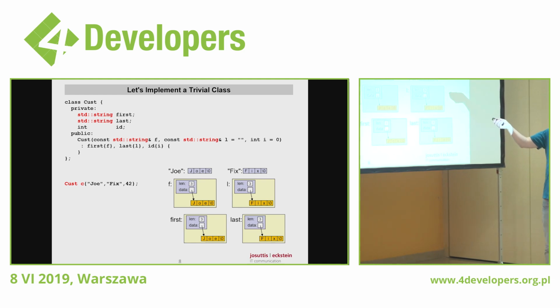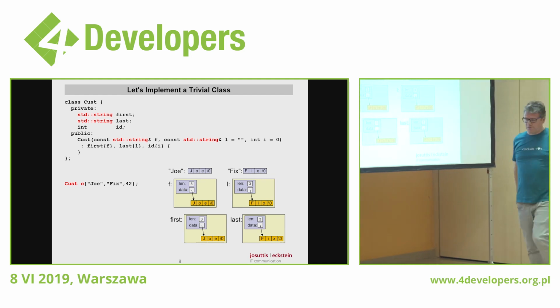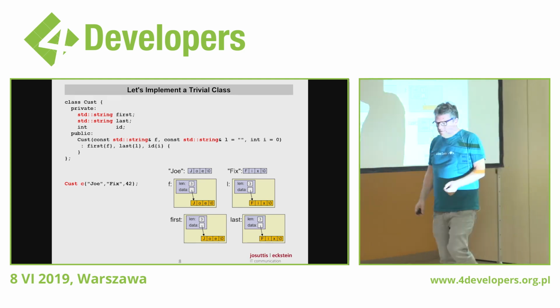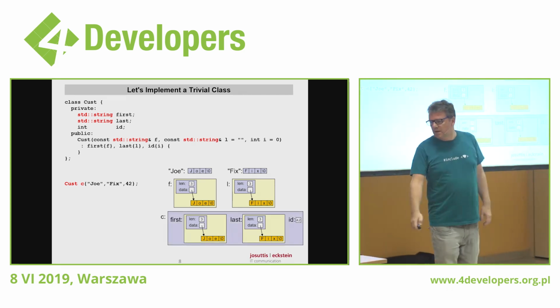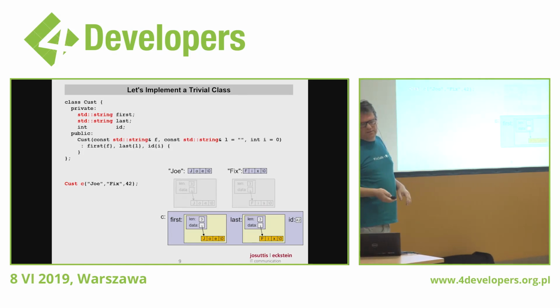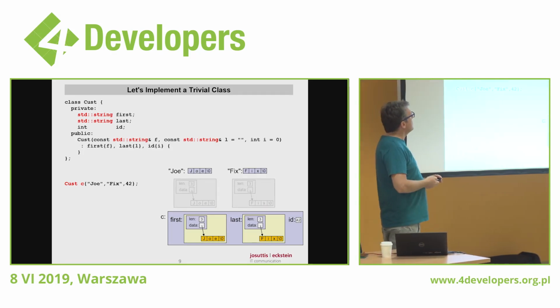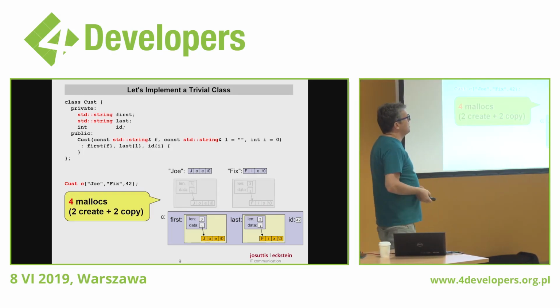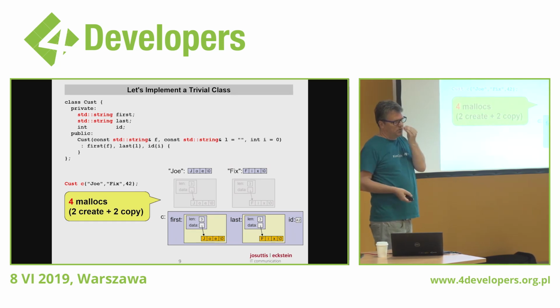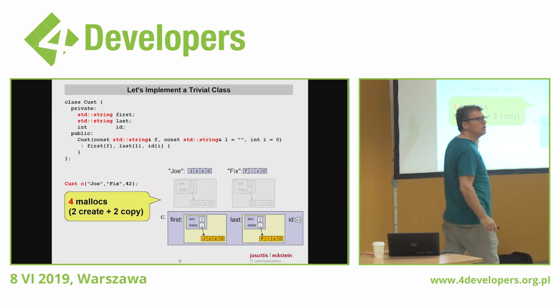It's just that F and L have to still have the initialized value after the initialization in the constructor. So we have the object created, and in fact, we delete the temporary objects F and L. And we did this with 4 mallocs. 2 to create a string, 2 to copy a string.